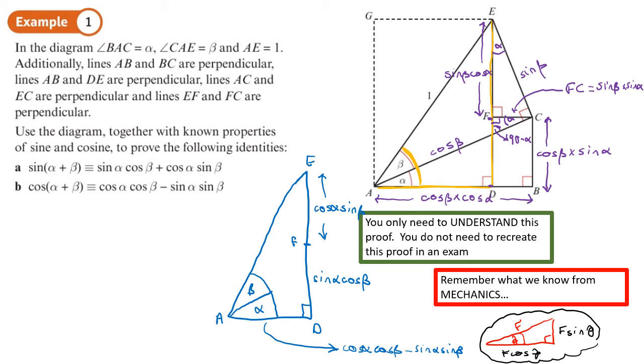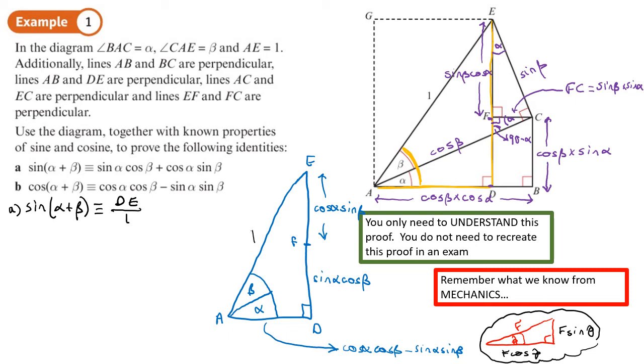Right, we're now ready to answer the question. Everything's there for us. So part A, the sine of that angle alpha plus beta is going to be equal to the opposite to that angle, which is D to E, divided by the hypotenuse, which is 1.